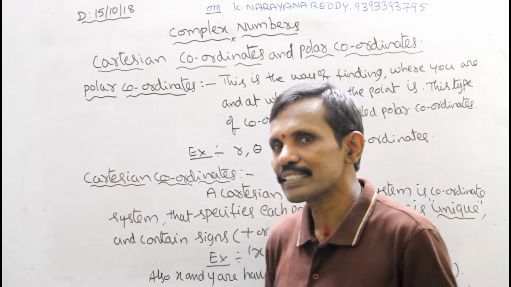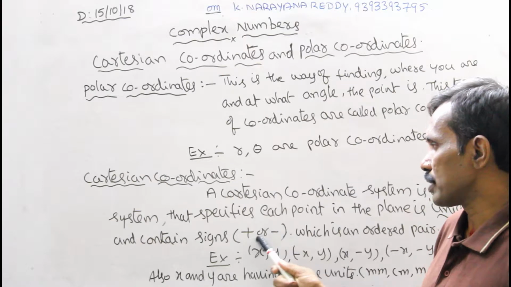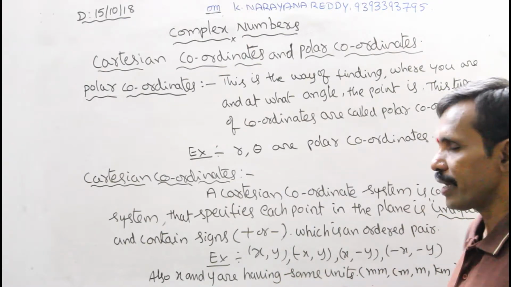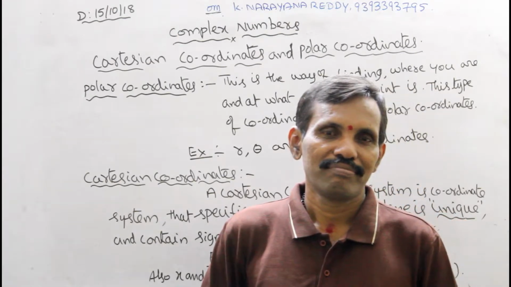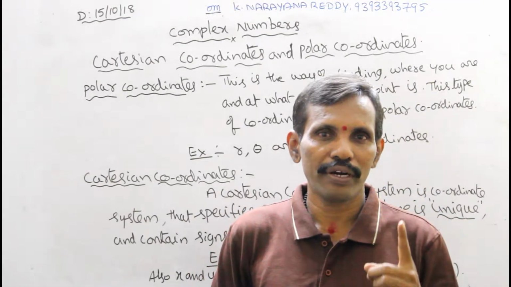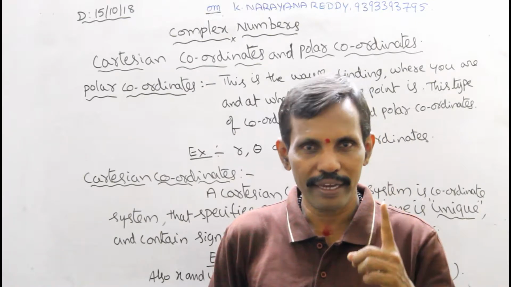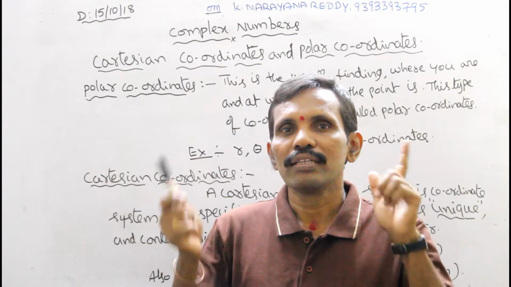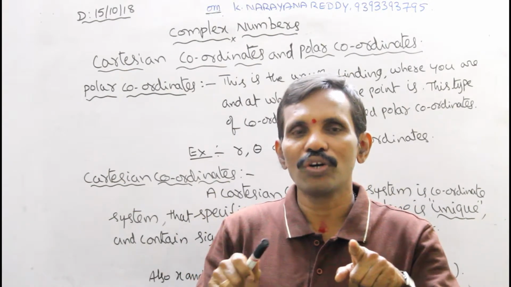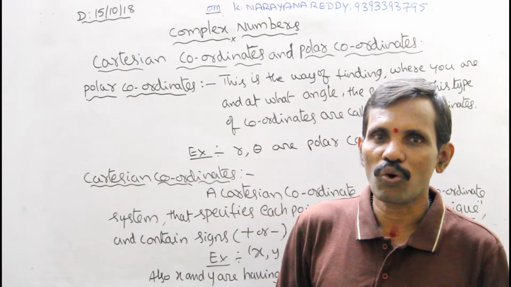Those contain signs, plus or minus, which is an ordered pair. What is an ordered pair? X, Y. Always one point contains an ordered pair, that is X comma Y. That pair is called the Cartesian coordinate system.